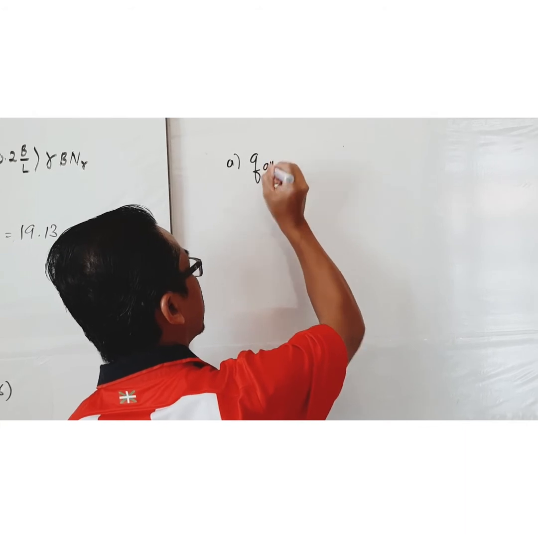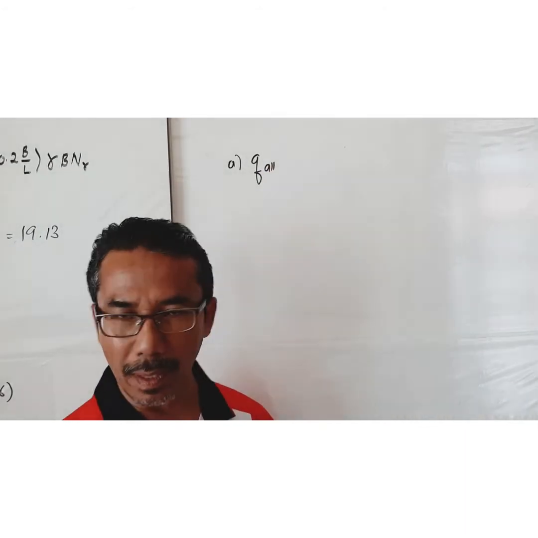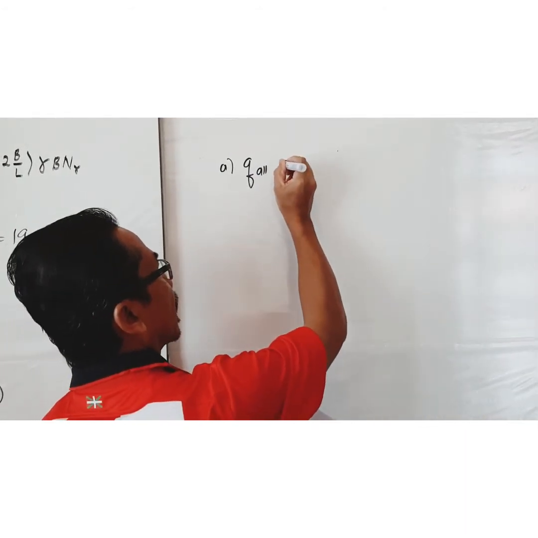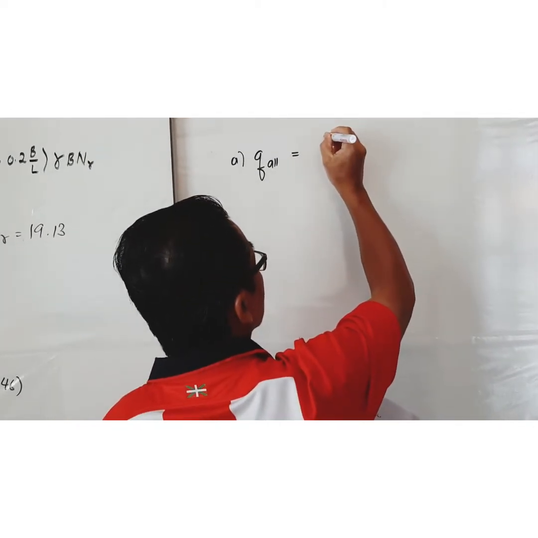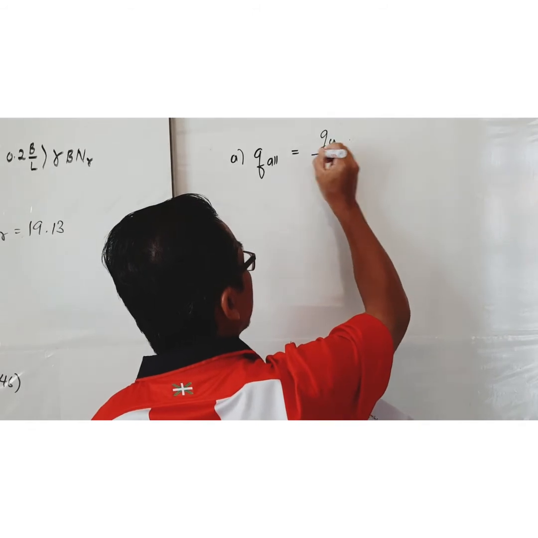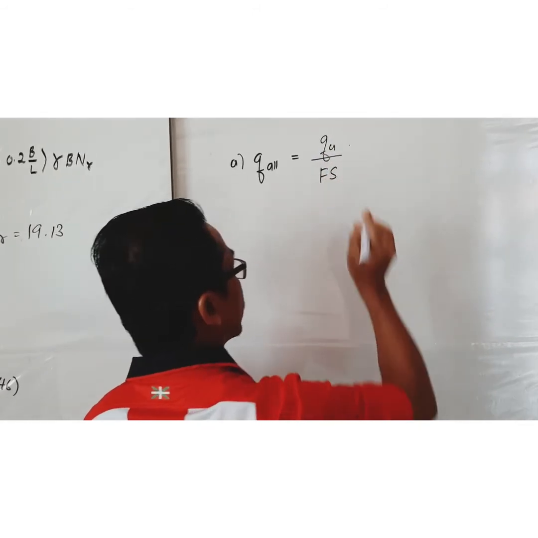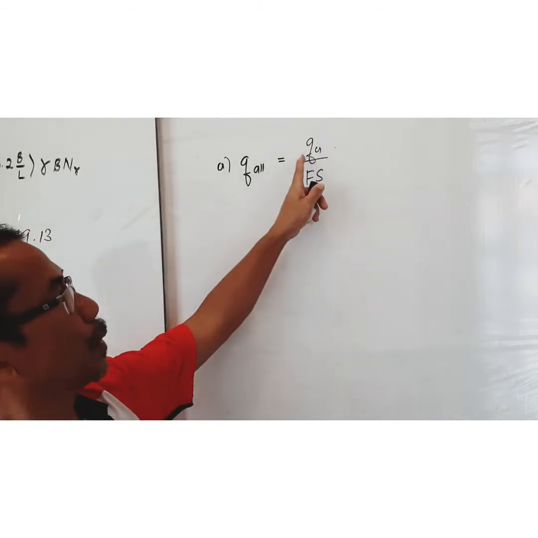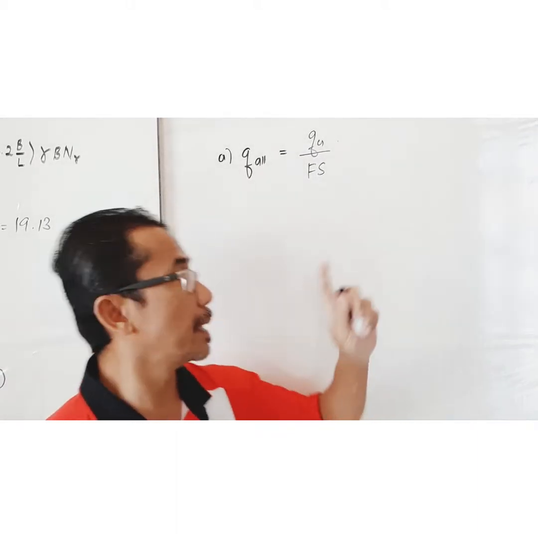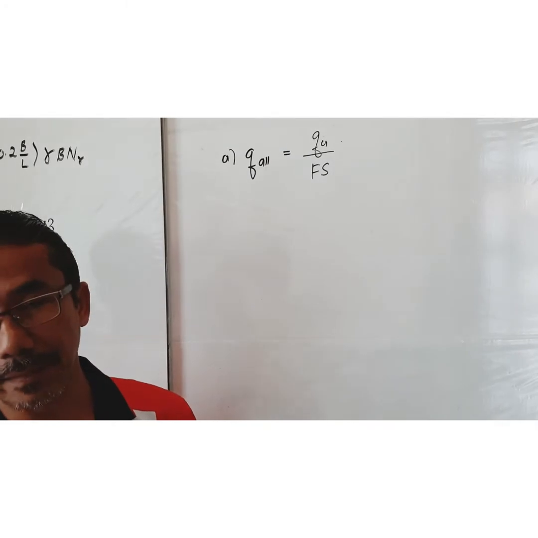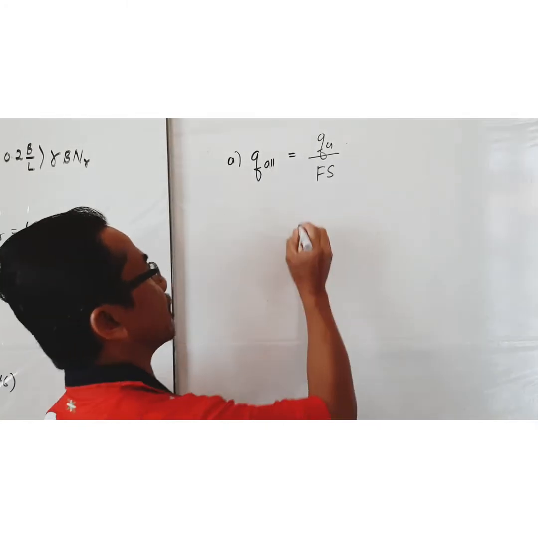Allowable bearing capacity, small q sub all, is equal to the ultimate bearing capacity divided by the safety factor. Q sub U is the ultimate bearing capacity that we have calculated before, divided by the safety factor, which is 2.5.